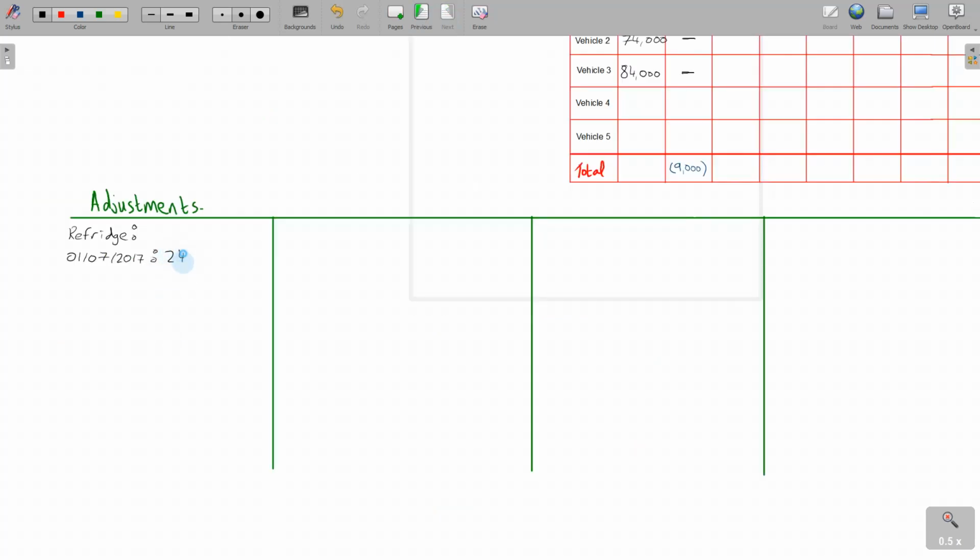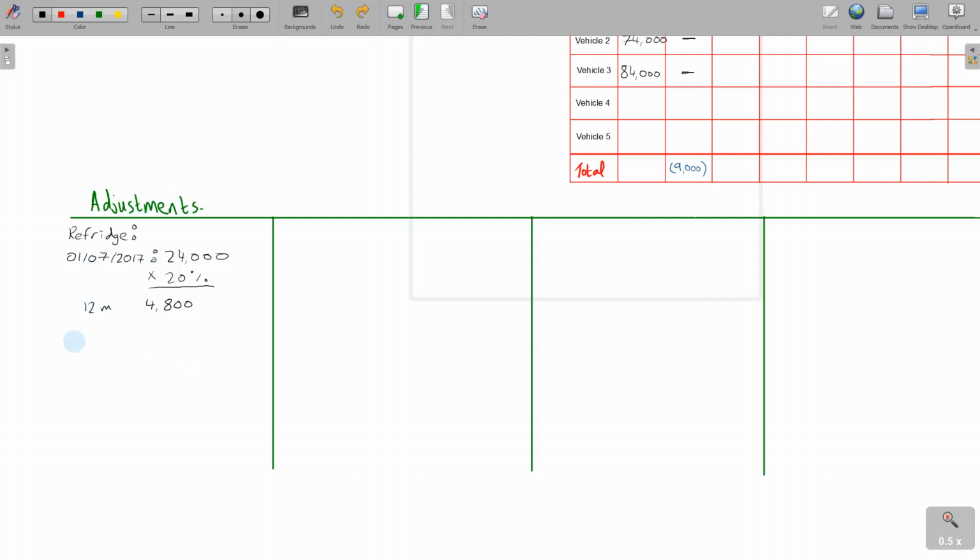So 24,000 multiplied by 20% is 4,800. So that's a full year, that's 12 months. However, we've only had it for July, August, September, October, November, December.